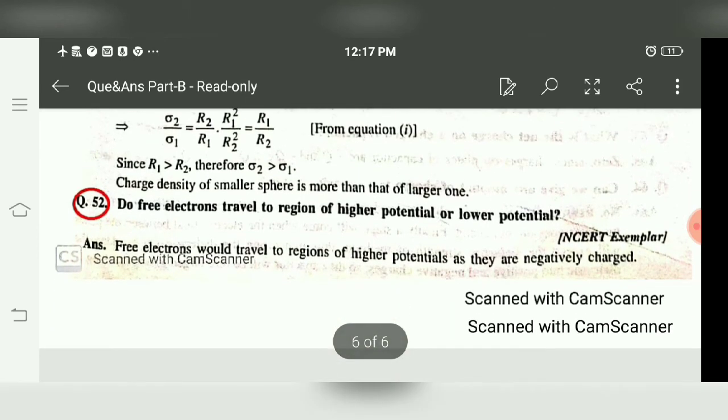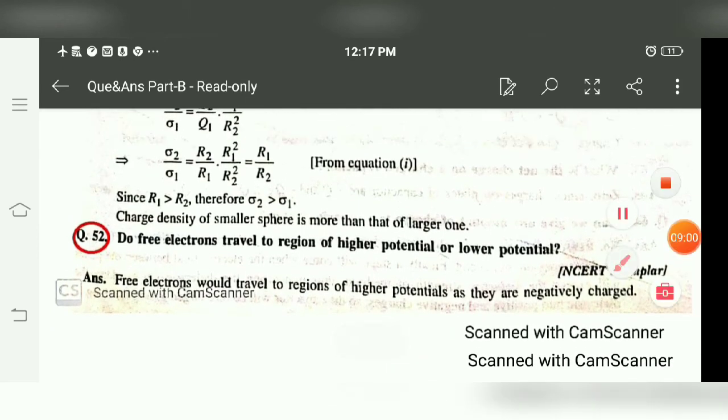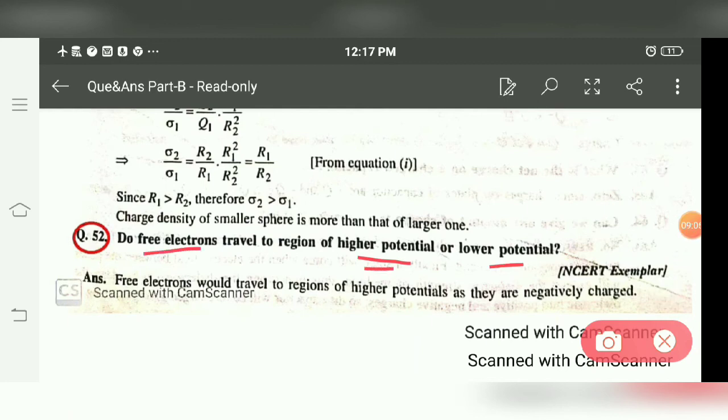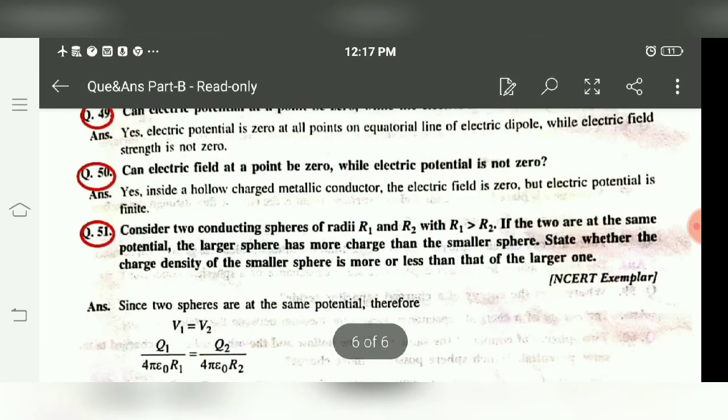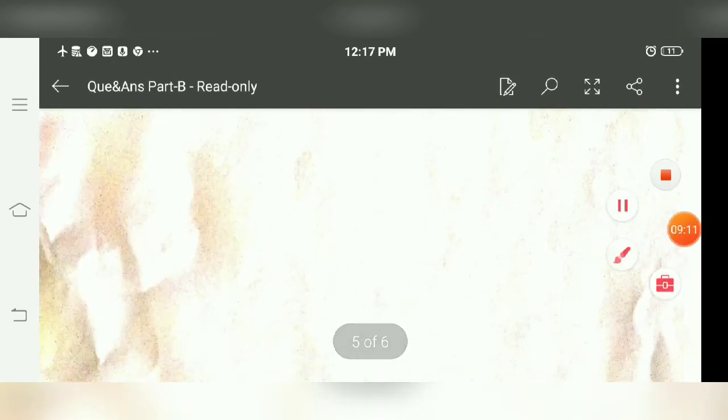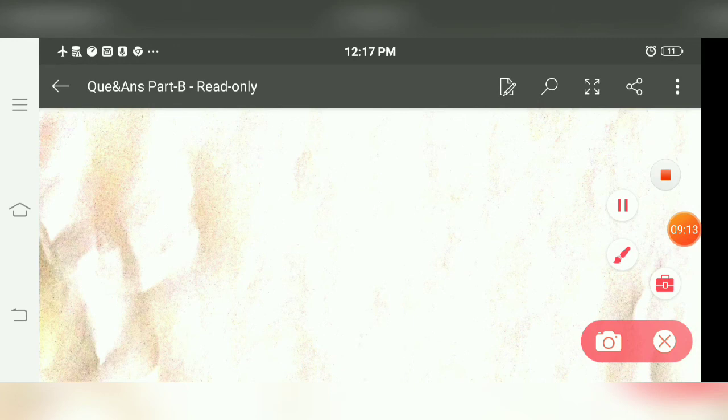Do free electrons travel from a region of higher potential to lower potential? Yes. Why so? We can see that this is a body at high potential, this is a body at low potential.